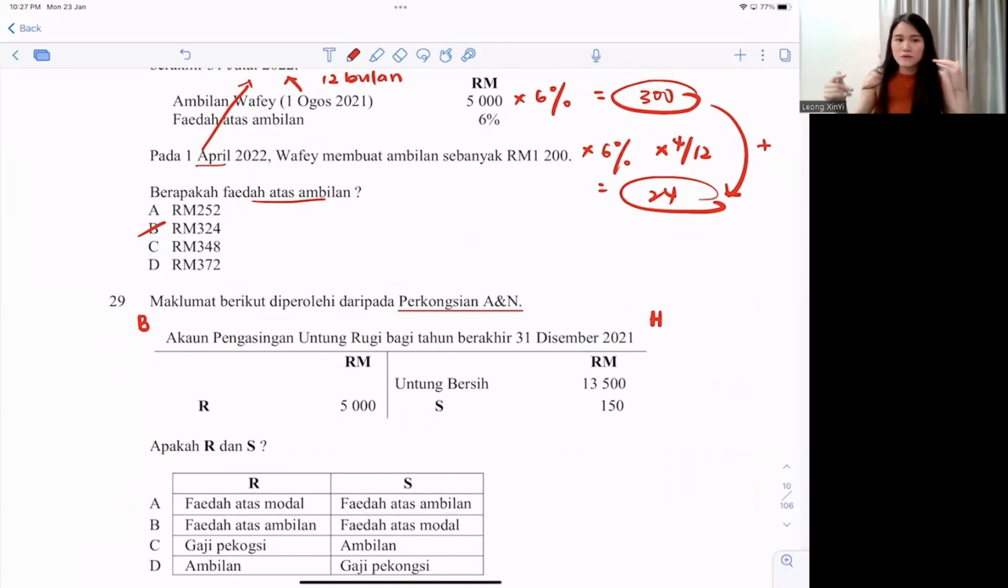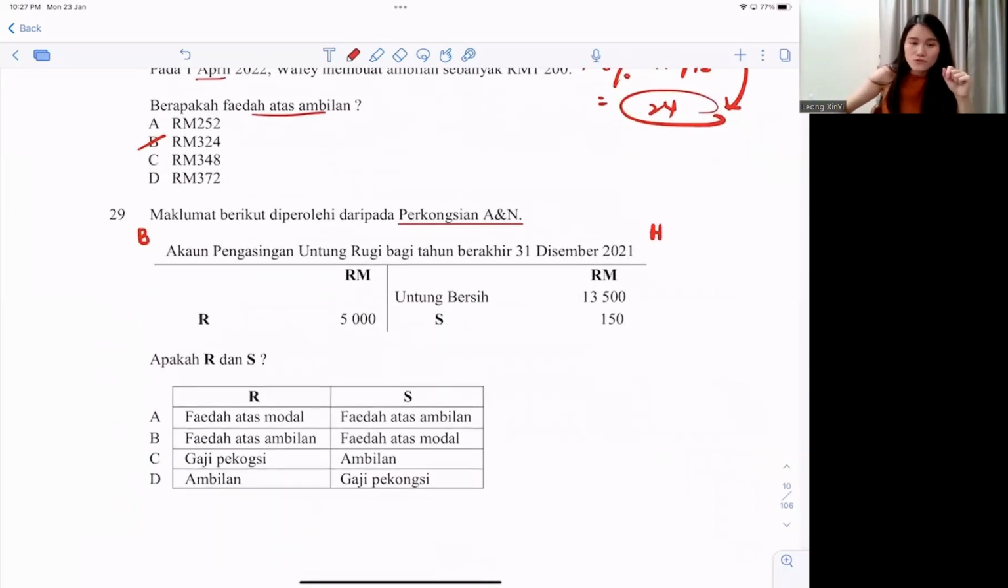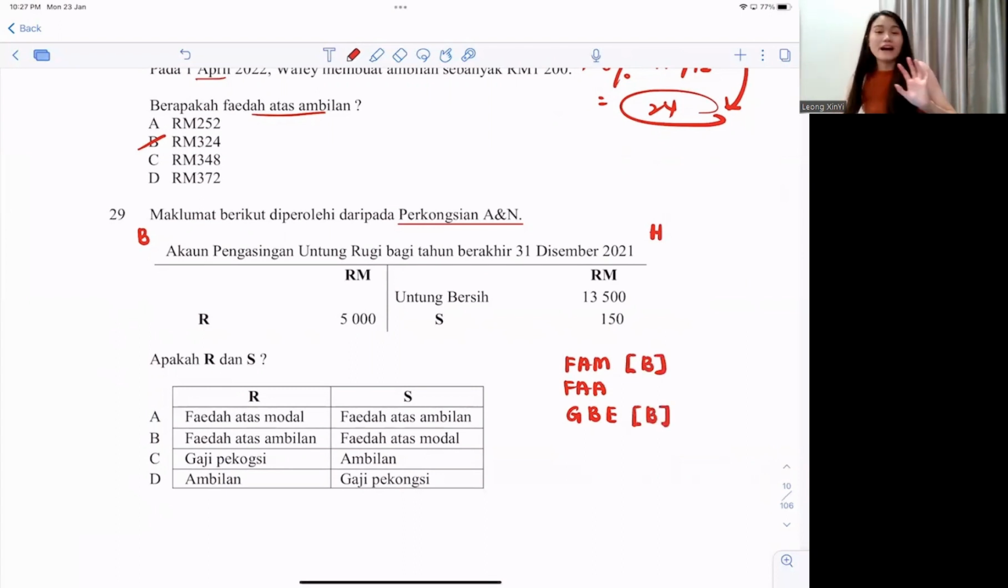So below untung bersih, your pengasingan untung rugi can only have a few things: faedah atas modal, faedah atas ambilan, gaji, bonus, allowance. Among these 1, 2, 3, 4, 5, 4 of them are belanja. Faedah atas ambilan is hasil. So you should see this on the hasil side, while the others on the debit side.